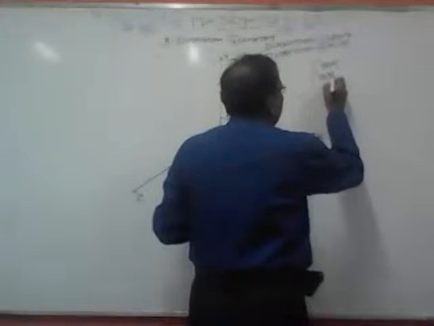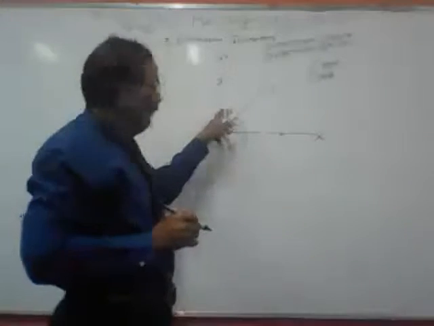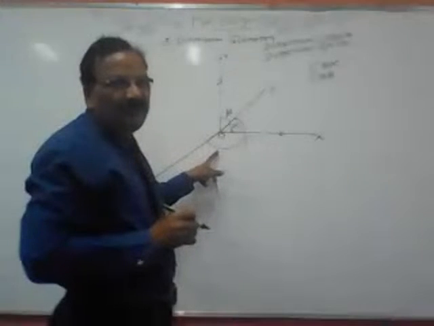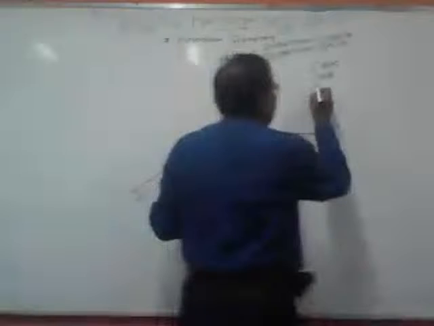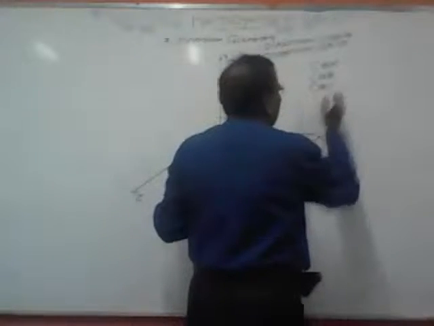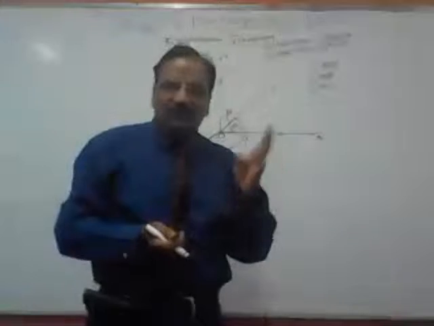Cos beta is with the y-axis, because the y-axis makes angle beta. And the z-axis makes angle gamma, so put cos on gamma: cos gamma. Cos alpha, cos beta, cos gamma are the directional cosines along the x-axis, y-axis, and z-axis.